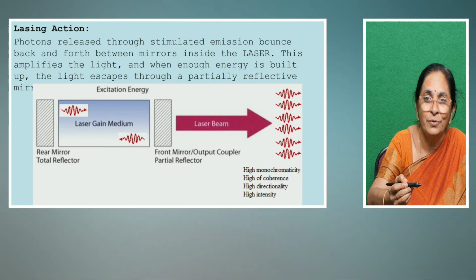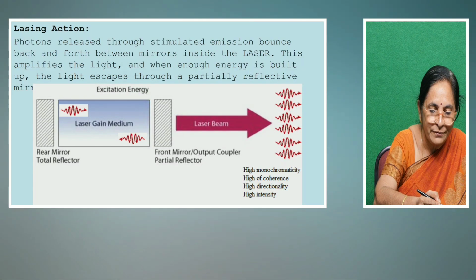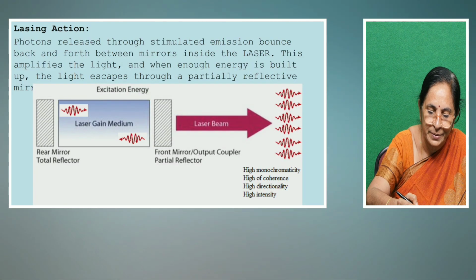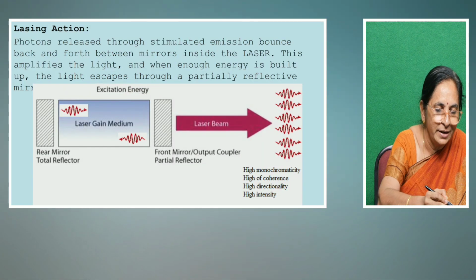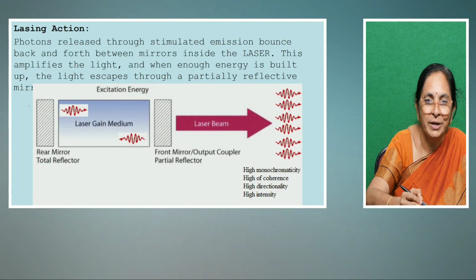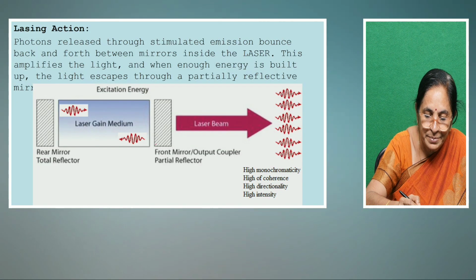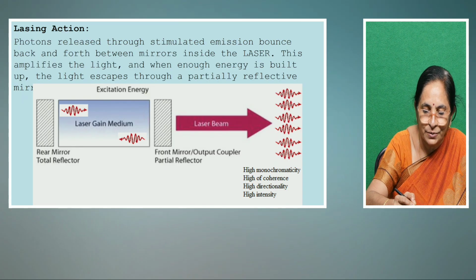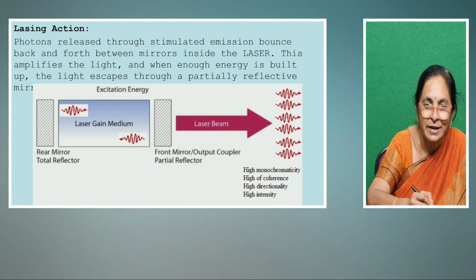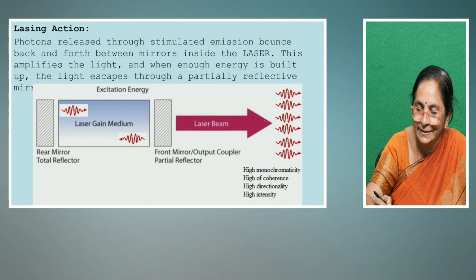So the emitted photons undergo multiple reflections between this mirror and that mirror, and they become very strong and come out of this mirror, because it is a partial reflector. When their energy is high enough, they pass through the second mirror and come out as a laser beam.